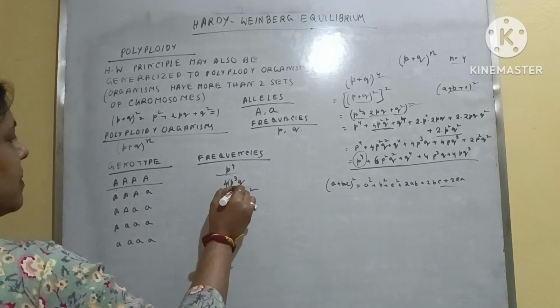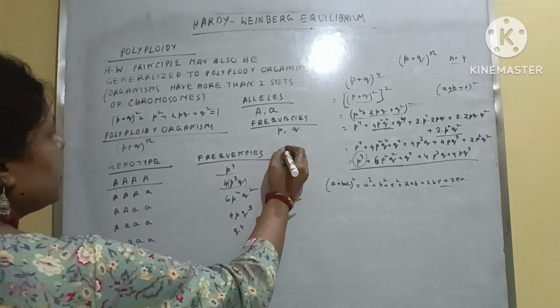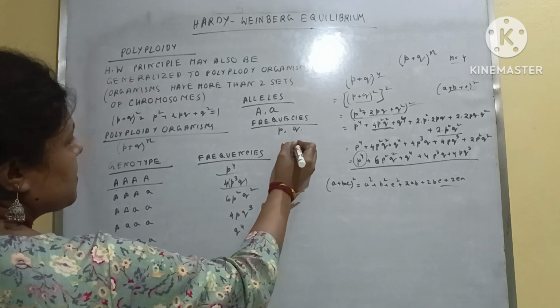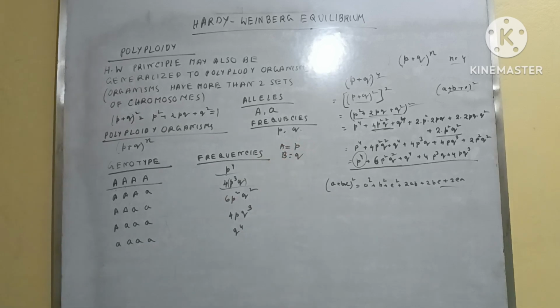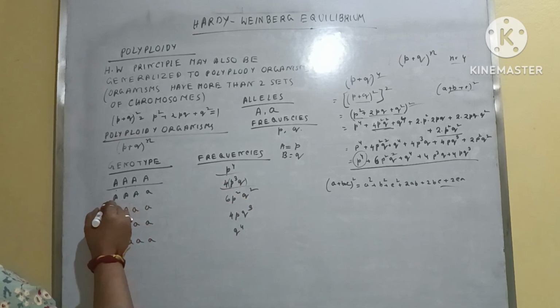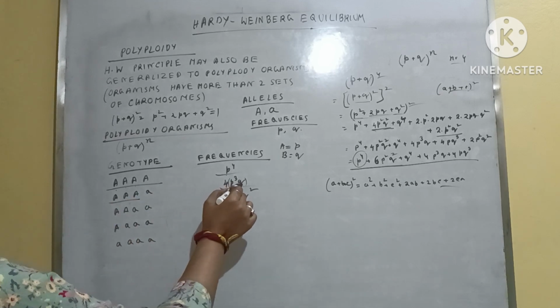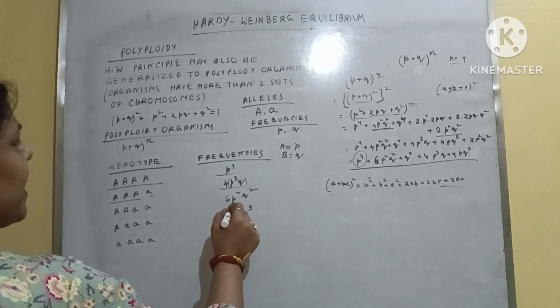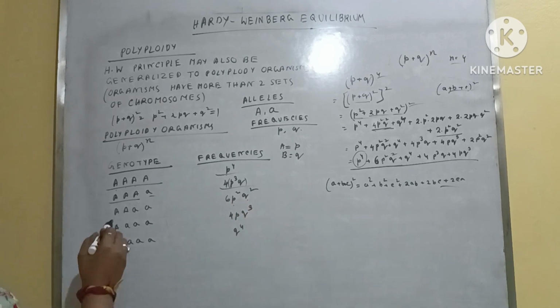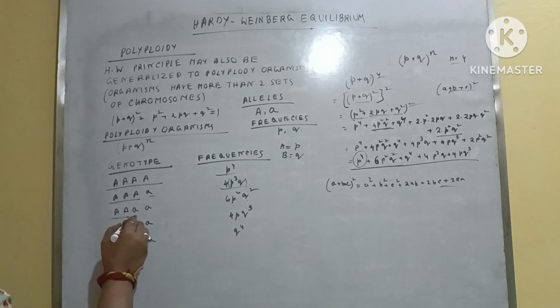By multiplying pq, where A is p and a is q. So p cube means triple A and q means small a. Then p square q square, so double capital A and double small a.